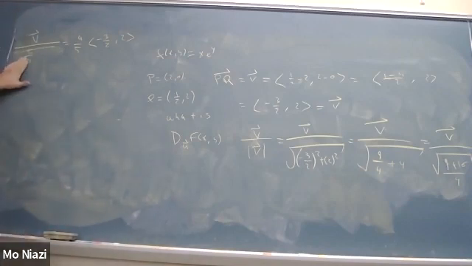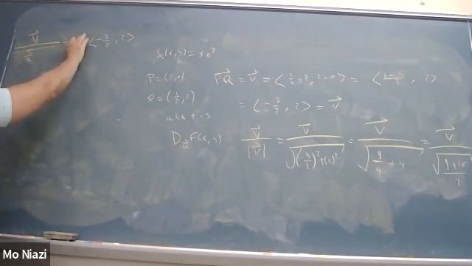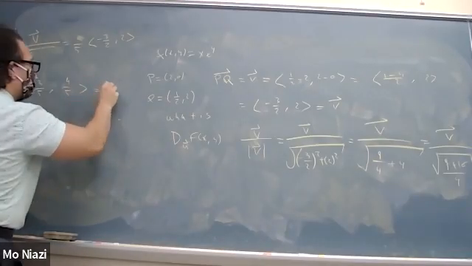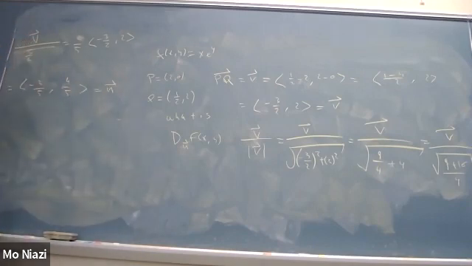Thank you so much, Jamie. So then this becomes, and then this becomes, this is our unit vector u now. All right.